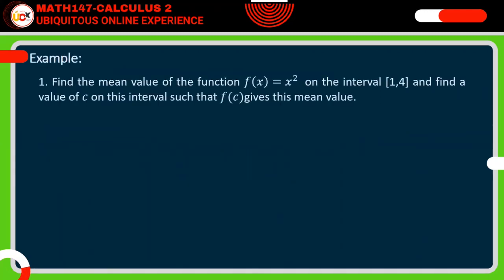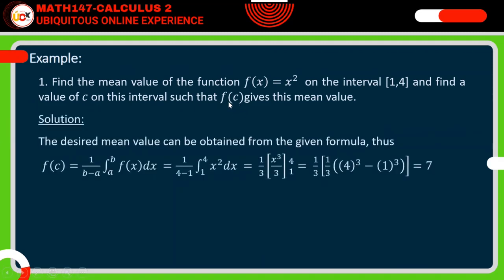Now, to illustrate the mean value theorem for integrals, we find the mean value of the function f of x equals x squared in the closed interval from 1 to 4 and find a value of c on this interval such that f of c gives this mean value.